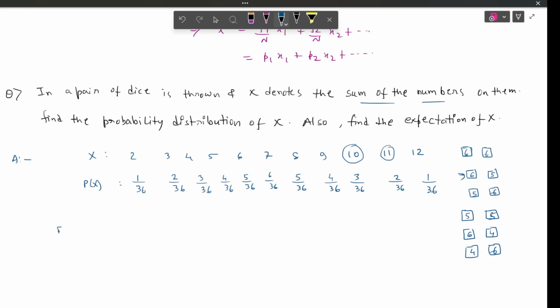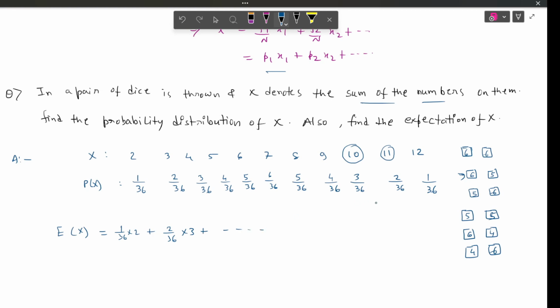Now what is expectation of x? That is summation pi xi. So what is p1? 1 by 36. What is x1? 2. So p1 x1 plus p2 x2 plus p3 x3. That's how you have to go. So 1 upon 36 multiplied by 2 plus 2 upon 36 multiplied by 3.